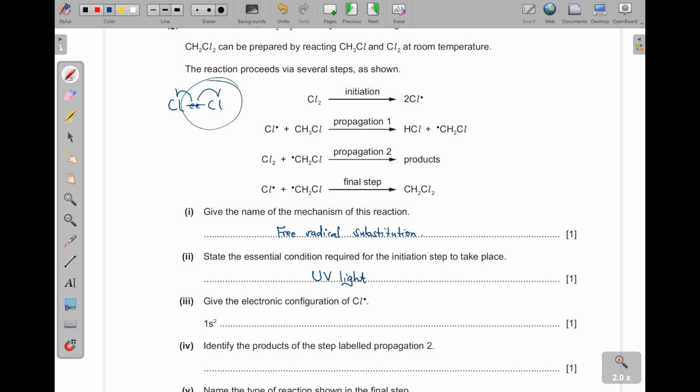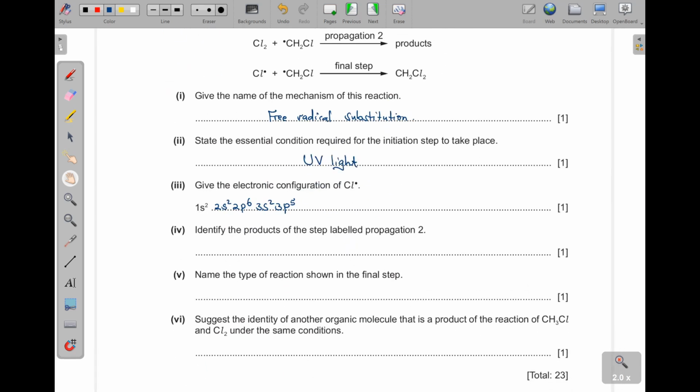So it has 17 electrons. You see that? So we have 1s2, then 2s2, 2p6. These are 10. Then we are remaining with 7. So 3s2, then 3p5.